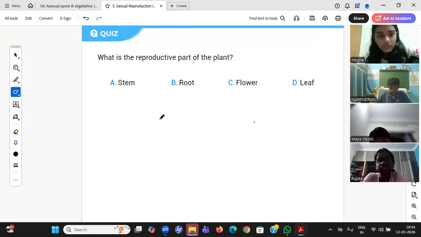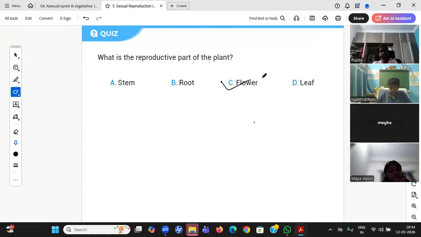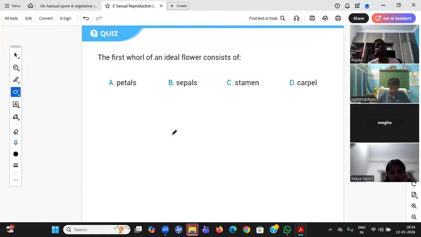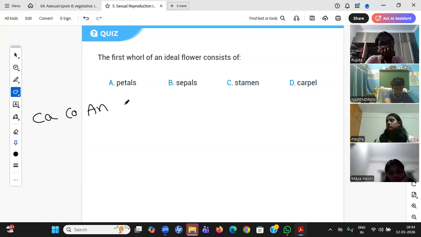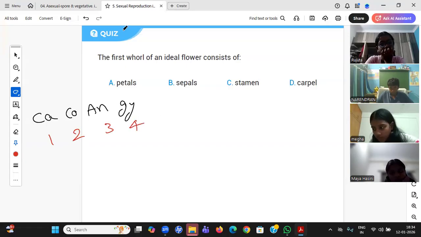The question: the first whorl of an ideal flower consists of Ca, Co, and G. First, second, third, fourth. Narendran, right answer. Rujuta, wrong answer. Maya, right answer. Megha, right answer.